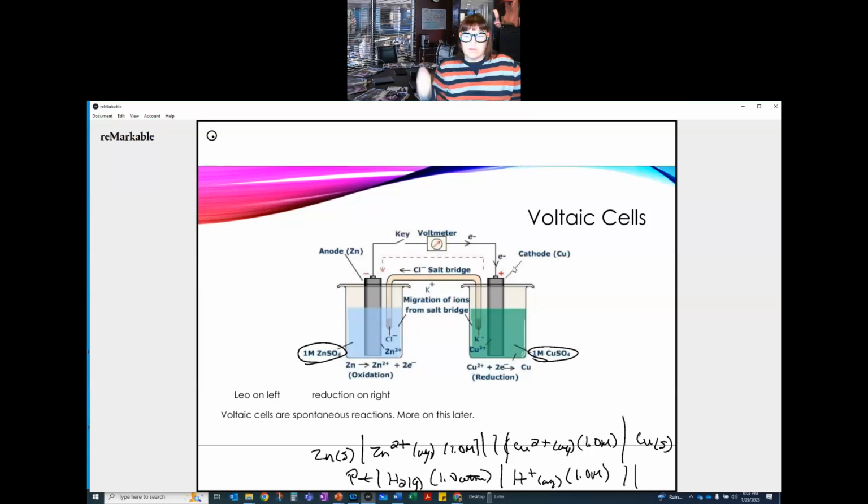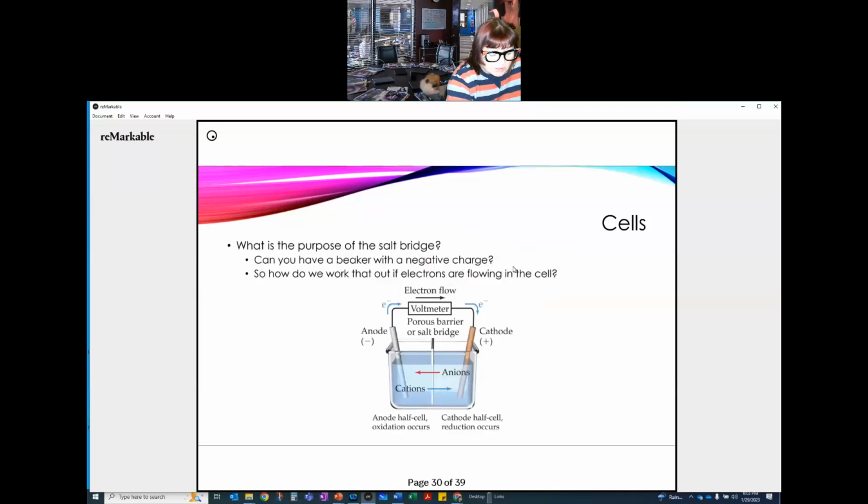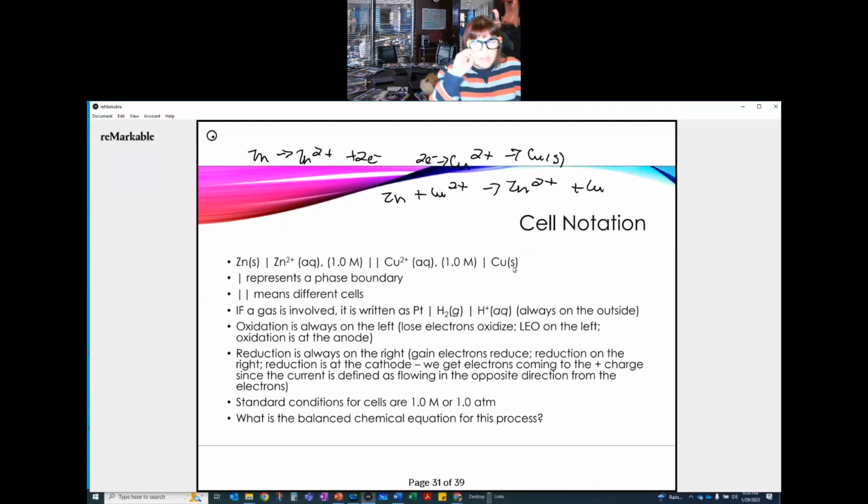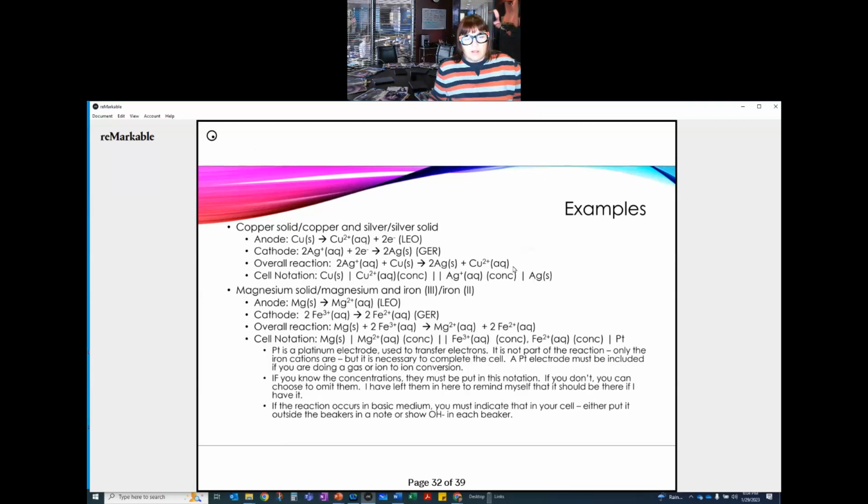So that's how we write that part of it. So that's a cell notation. And we're going to be looking at cell notation when we talk about the lab that we're going to be doing, because we have things that we're going to need to deal with in terms of writing a cell notation.